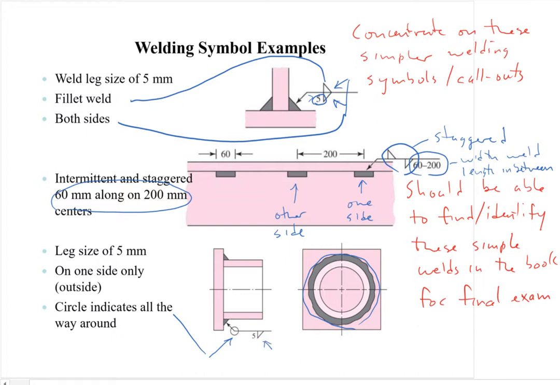So it could have been on the inside, could have been called out both sides, in which case you'd have a weld on the inside as well. So this means one side, and with the V, it's a fillet weld, and it's got a size of 5 millimeters. All that in that view, in that welding symbol.